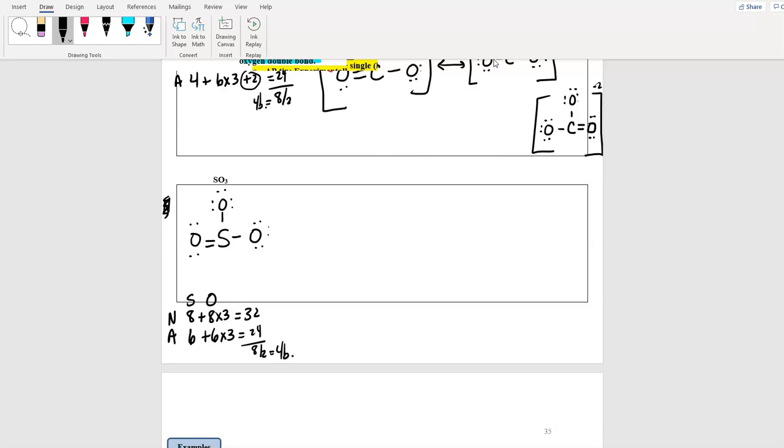Do I need brackets with a charge? Nope, he didn't gain or lose anything, so that's it. However, he's got 2 other possibilities. So I can move that double bond to the top, and I can move it to the right. So resonance is about changing locations of electrons only.